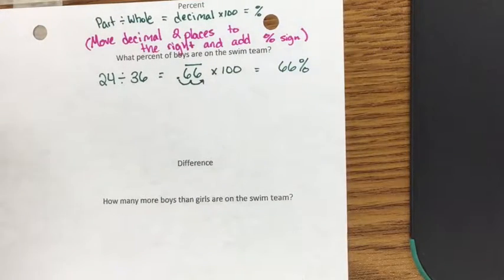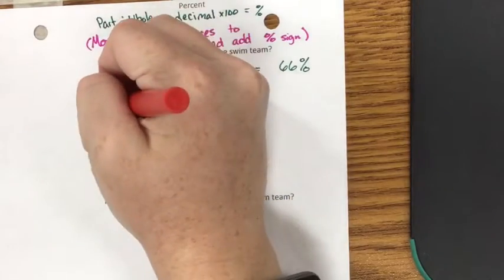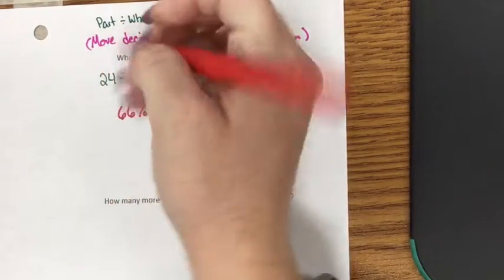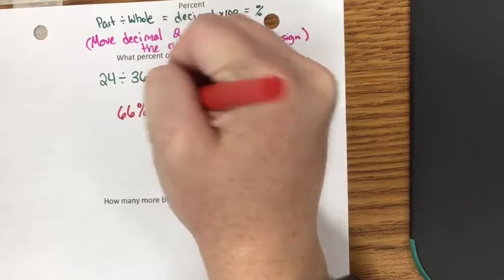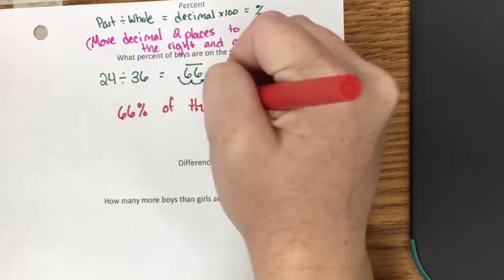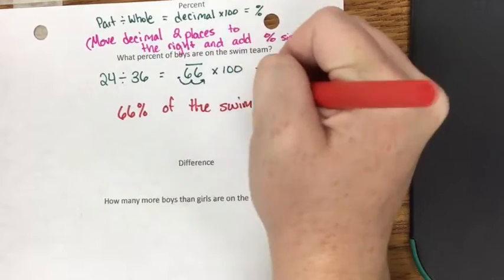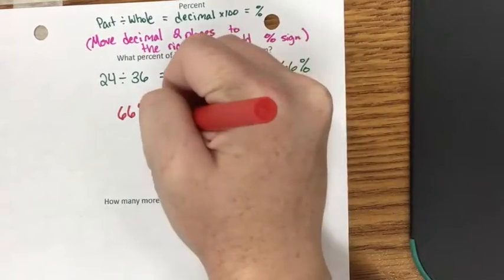Okay, so that tells us that 66% of the swim team is boys.